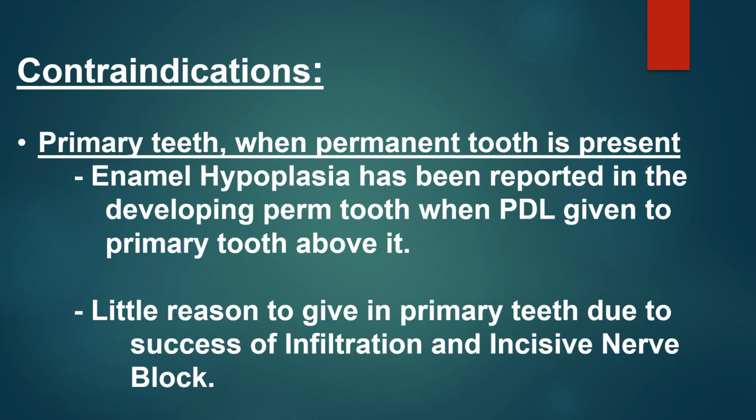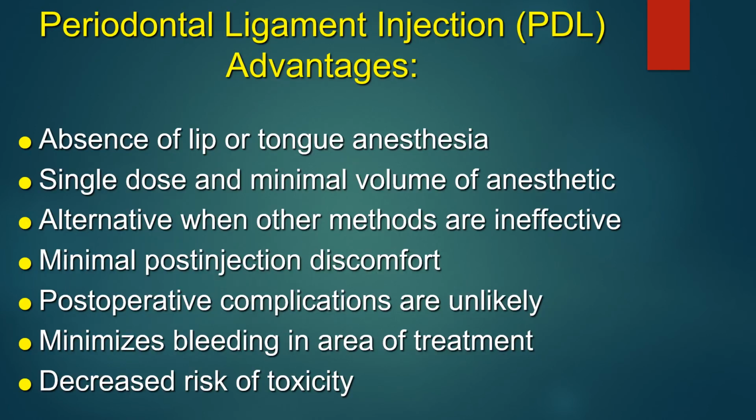But again, there's little reason to give this PDL in primary teeth because they have such great success with an infiltration or an incisive nerve block. Advantages: once again, you have no lip or tongue anesthesia. You're giving a single dose. Now, it may be a single dose to each root, but it's a very minimal volume of anesthetic, a stopper full only at each root.